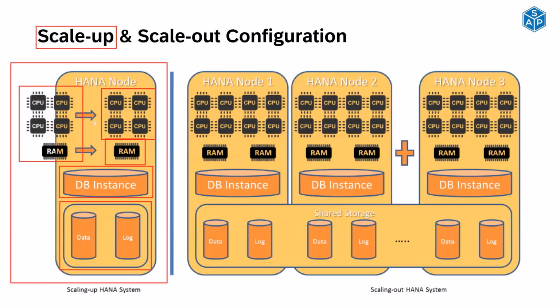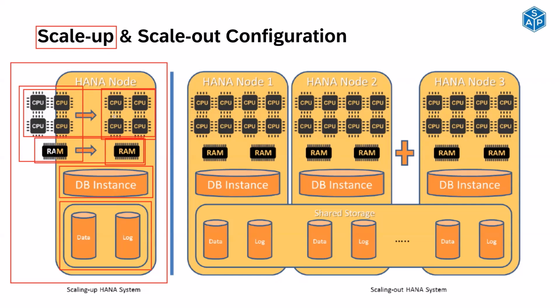You will add 4 more processors, so your total becomes 8 processors. You will add 256 GB of additional memory, so your memory becomes 512 GB. You will keep on adding processors and memory.